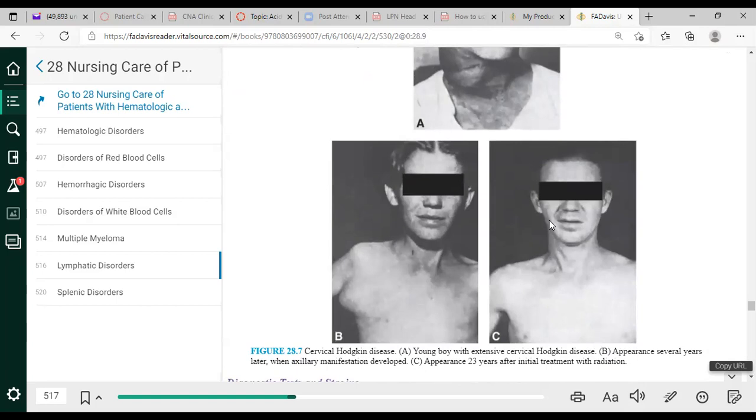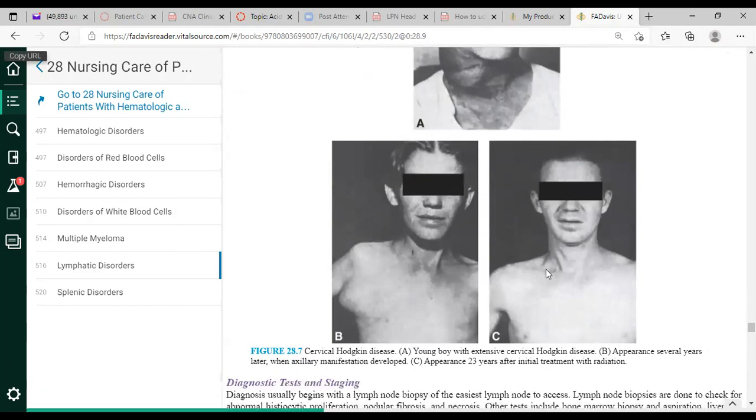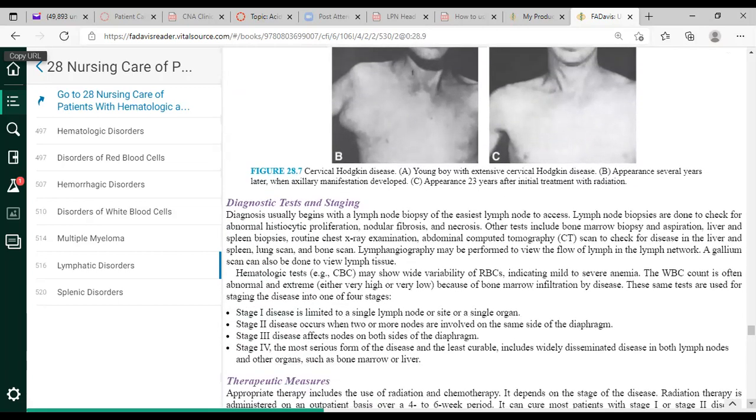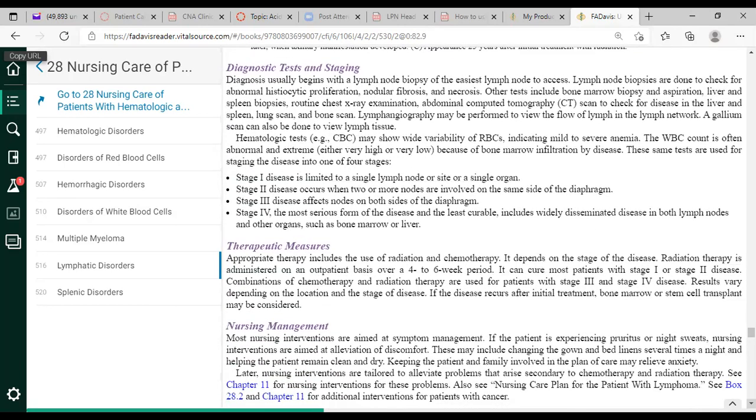So the radiation was definitely effective in shrinking the cancer, because that's one of the things radiation can do. Radiation can shrink the tumor, and it also kills tumor cells. And the patient will require a lymph node biopsy for diagnosing the actual disease.